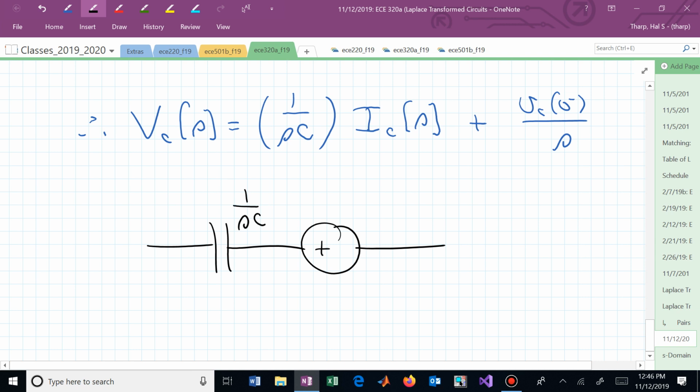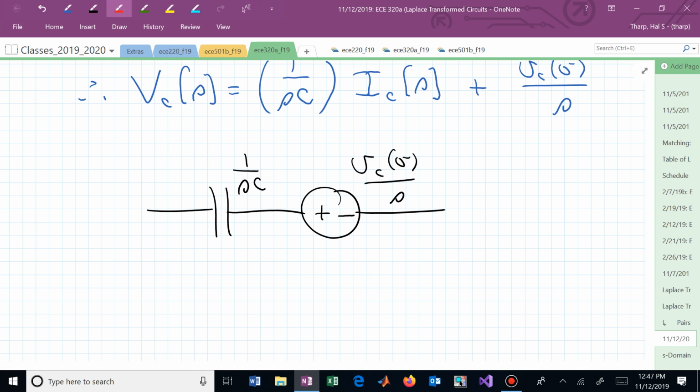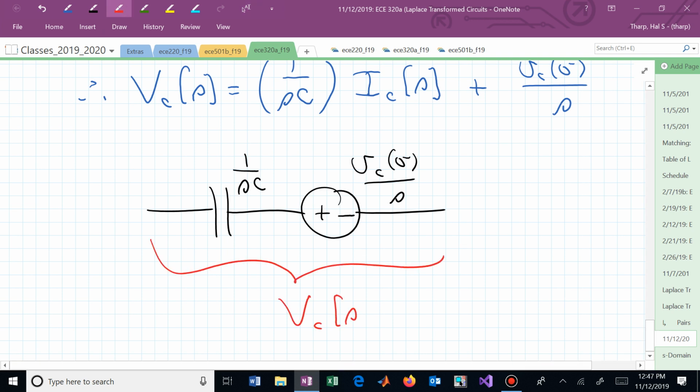We now have plus minus V sub c of 0 minus over S. And again, we need to make sure that we include both terms. If somebody now asks us what is the voltage associated with that capacitor.